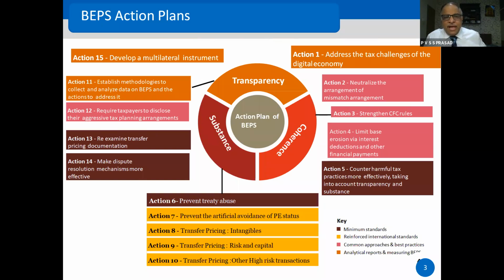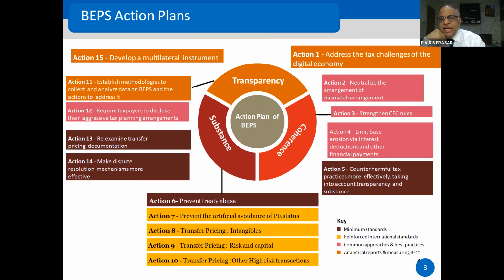And there are also some measures like Action Plan 4, that is, limiting the interest payments. As you know, interest limitation is a thin capitalization rule. Such rules have to be brought in as amendments to the domestic law, and they cannot be administered through the tax treaties.